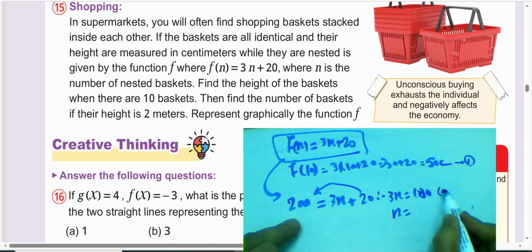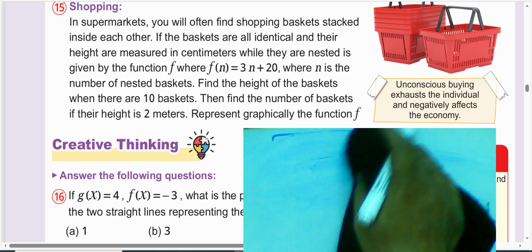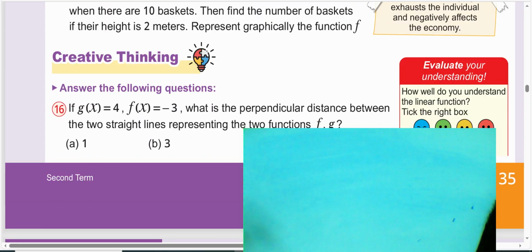Then n equals 180 divided by 3, which is 60. The number of baskets will be 60 baskets. That is the solution to question number 2, about the number of baskets if the height was 2 meters, 200 centimeters.